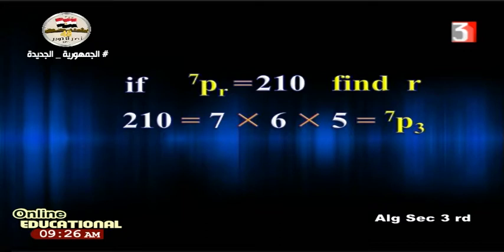On the left hand side, 7Pr, so 210 must be divided first by 7. After that, divided by 6, divided by 5. Then 210 equals 7 times 6 times 5 equals 7P3. Both 7P3 equals 7Pr. Therefore, r equals 3. In this case, r equals 3.